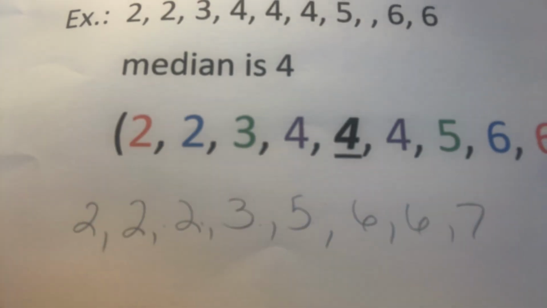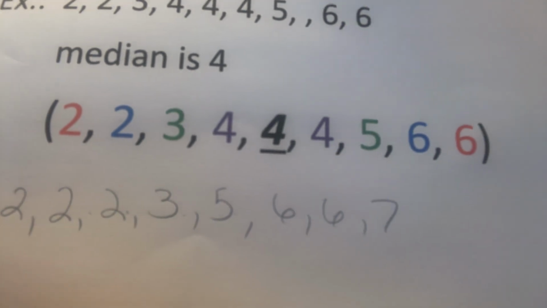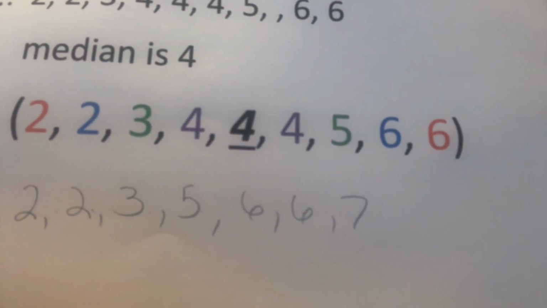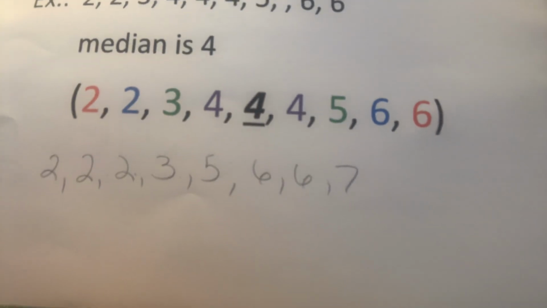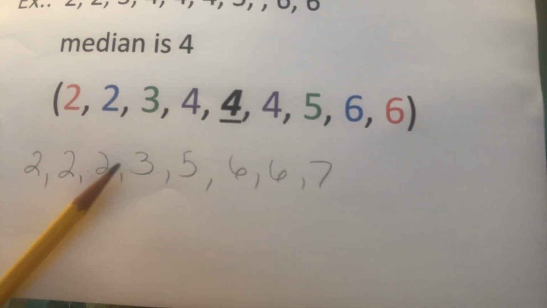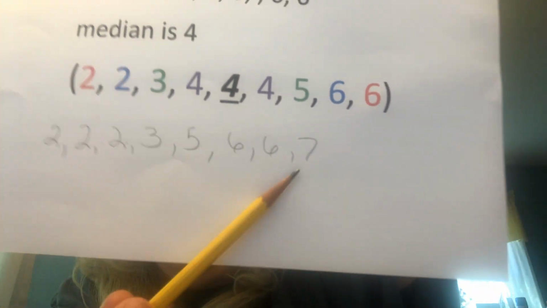I'm going to do one more, and I'm going to make it a 2. Let's say you were given this set of numbers here that I wrote in pencil. 2 and 2 and 2 and 3 and 5 and 6 and 6 and 7. There are 1, 2, 3, 4, 5, 6, 7, 8 numbers in this set.